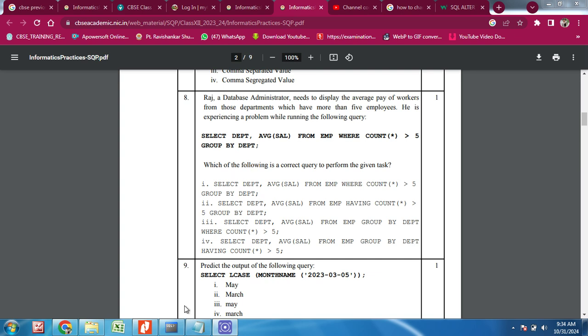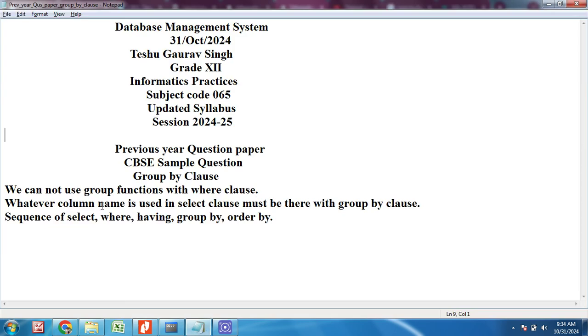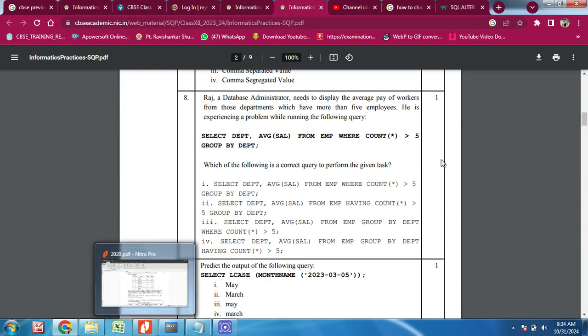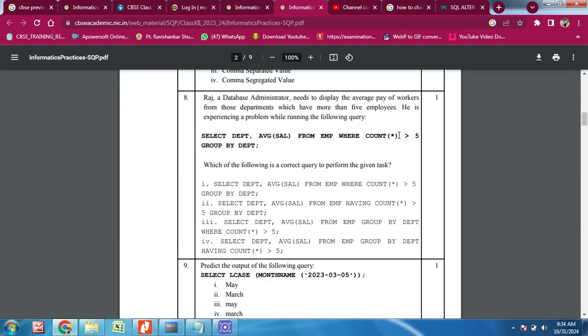Very simple answer: again go to rule number 1, that we cannot use a group function with where clause. Count star is a group function, so simply we can write that this will give us an error.